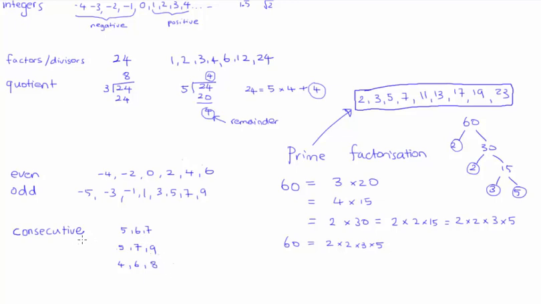Okay, so that's what is meant by consecutive. Consecutive negative even integers could be -6, -4, and -2, and they are always in increasing order. In this case, this is known as negative consecutive even integers.